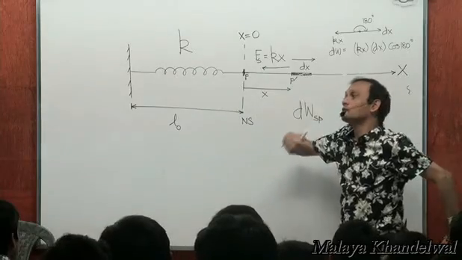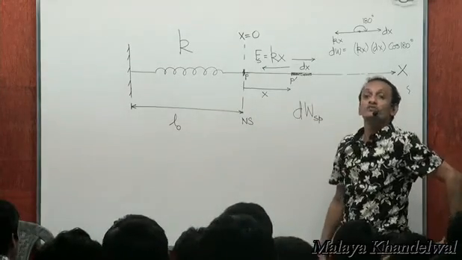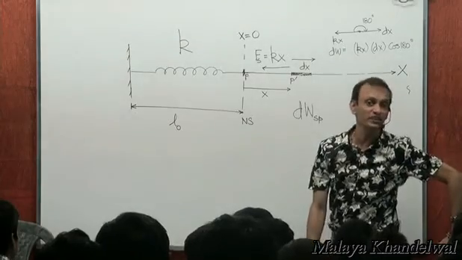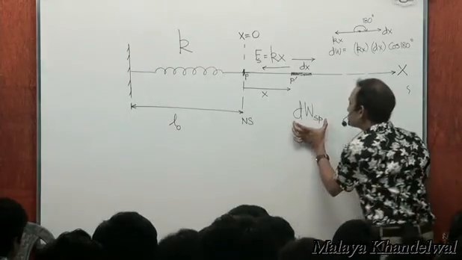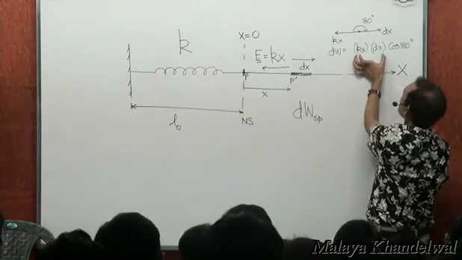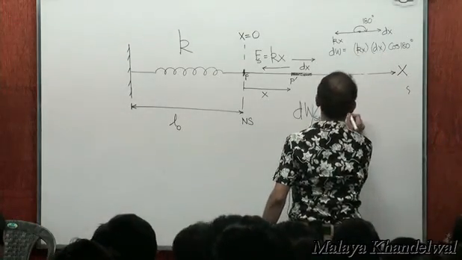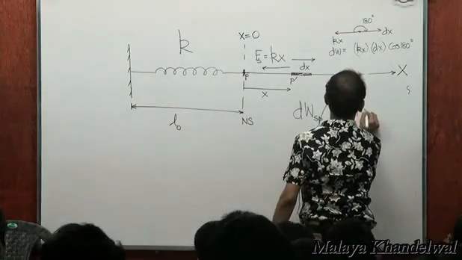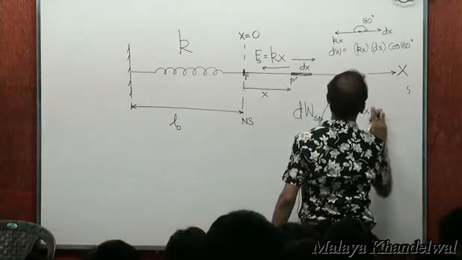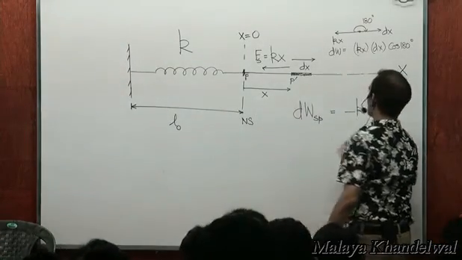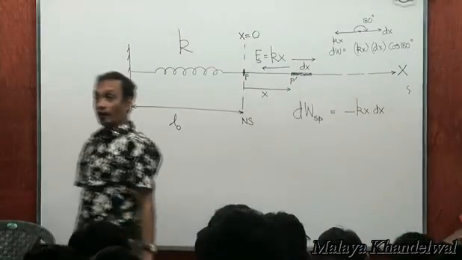And this force field created by a spring is a conservative field. Now, the work done by the spring force is going to be minus kx into dx, as you can see. Right?